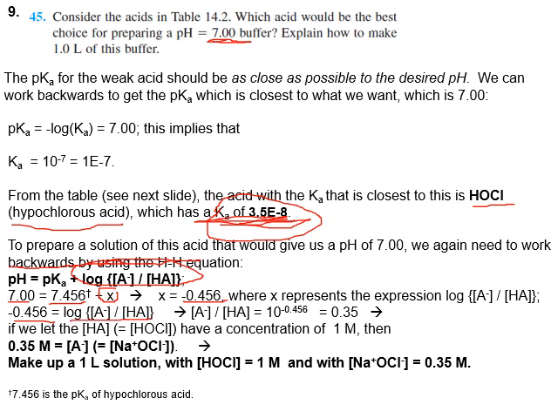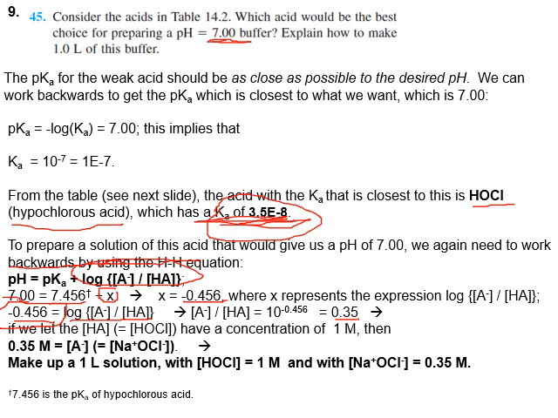Now, for this one, what you have to do is make an assumption, where you basically come up with your own number for one of these. If we do this the way we've done these in the past, we raise both sides again to 10 to the power. When you raise 10 to the power of minus 0.456, you get 0.35.